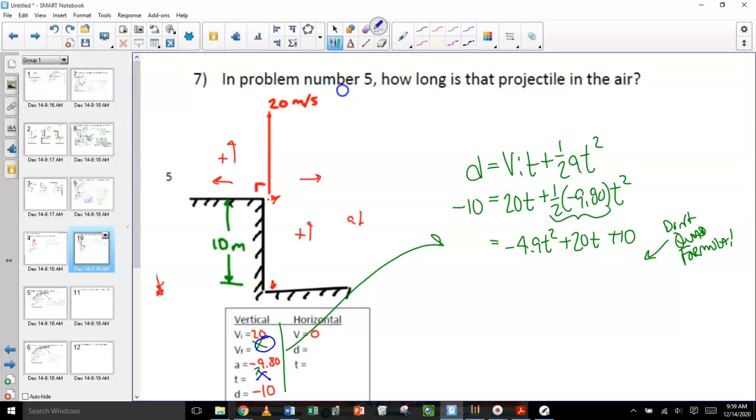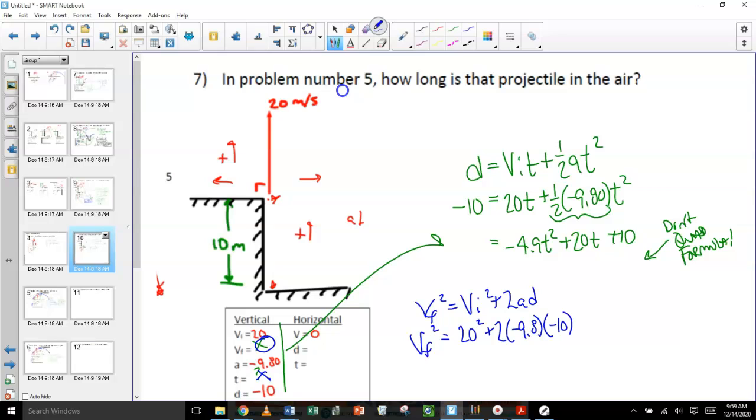So let's ignore time for right now, and let's go VF squared equals VI squared plus 2AD. Final velocity is unknown. Initial velocity is 20. The acceleration, negative 9.8, and the displacement is negative 10.